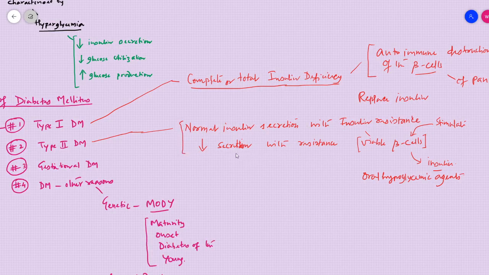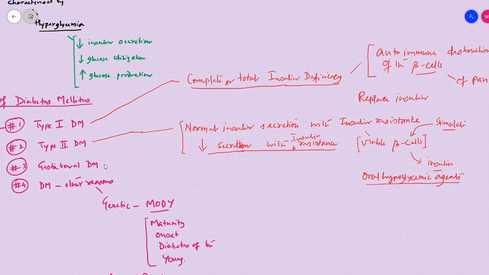Mostly what is observed is a decrease in secretion with insulin resistance. Because this is the most common type that's seen, the therapeutic option is to stimulate the viable beta cells to increase the concentration of insulin. And the agents that we use are oral hypoglycemic agents.